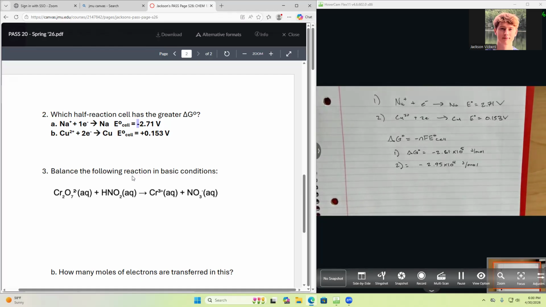The greater value would actually be this one because it's less negative, and that's the 0.1531.